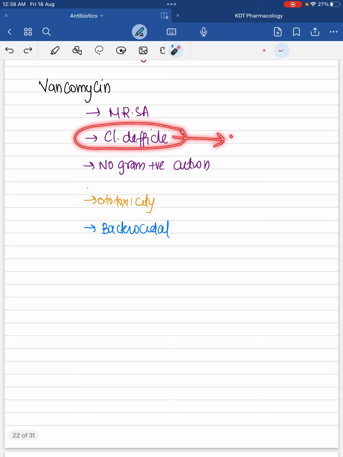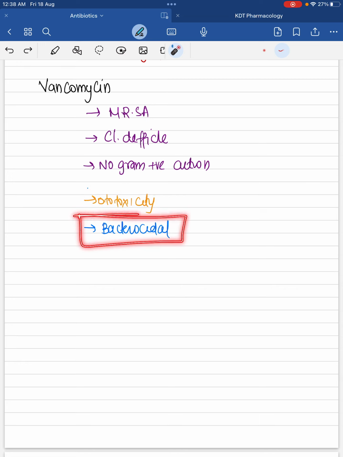What does it cause? It leads to the disease called antibiotic associated enterocolitis. That is, pseudomembranous colitis is caused by Clostridium difficile. In that case, we will be using vancomycin. Then vancomycin has ototoxicity. Vancomycin has a bactericidal action. They will kill and degrade the bacteria.